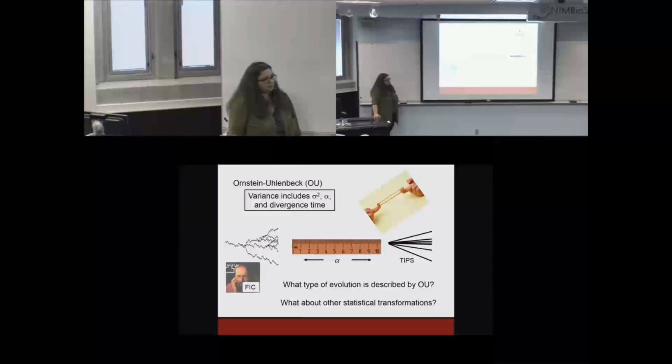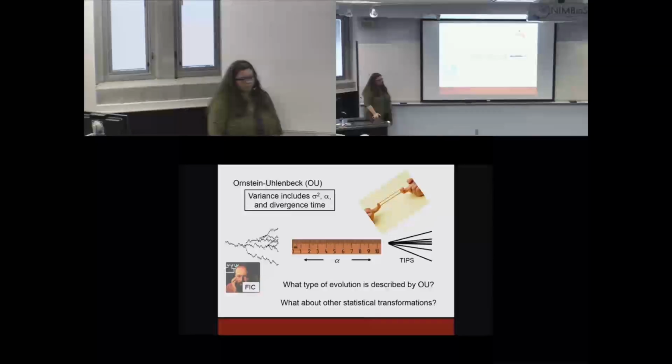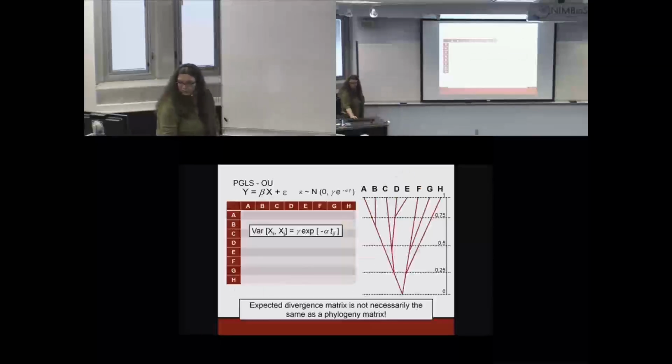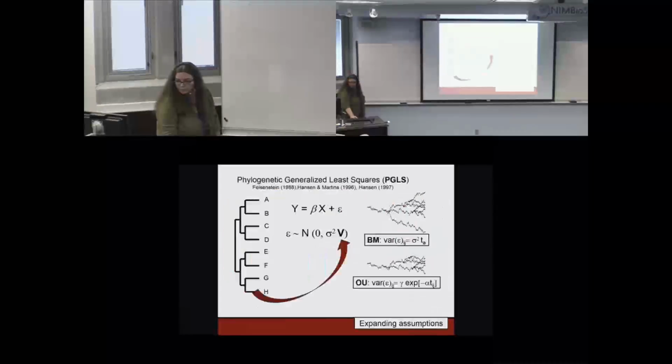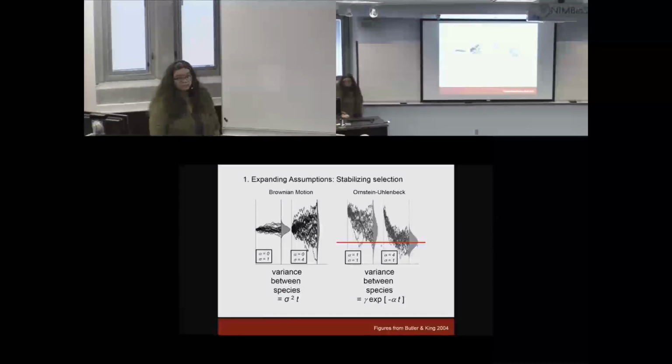I wanted to come back to the selection in those two processes. Could you come back to the graph with both Brownian motion and OU? You mean this? Yeah, that one.